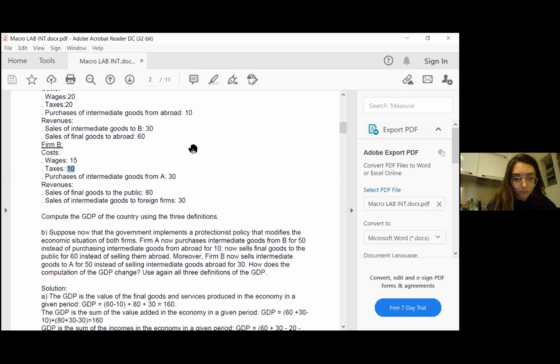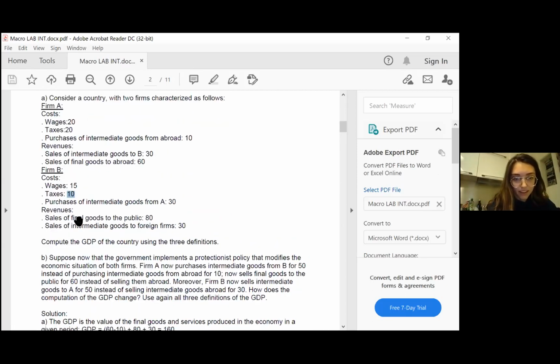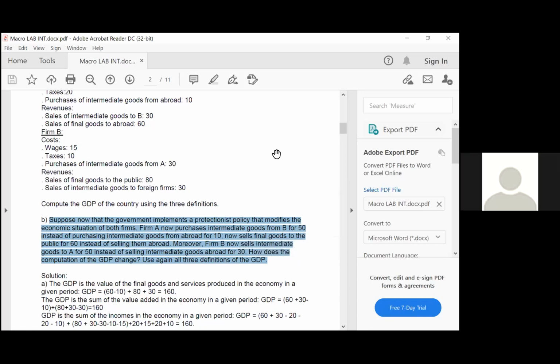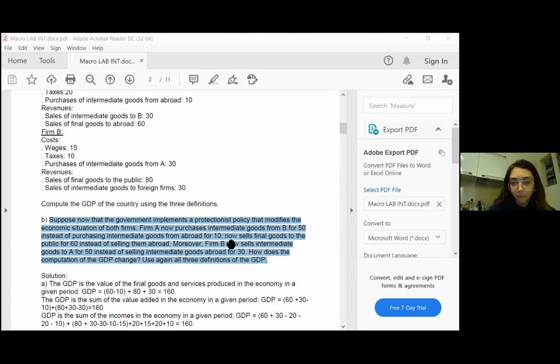So then question B, what are they asking us? It's here. Okay, suppose now that the government implements a protectionist policy that modifies the economic situation of both firms. Firm A now purchases intermediate goods from B for 50 instead of purchasing intermediate goods from abroad for 10.